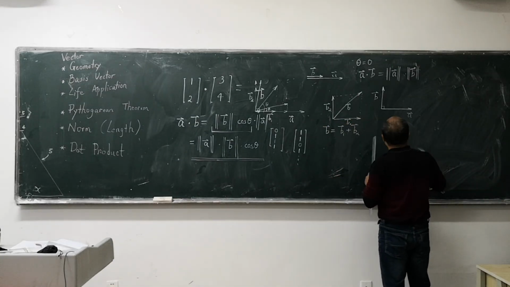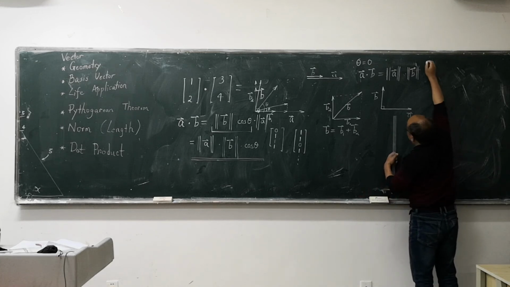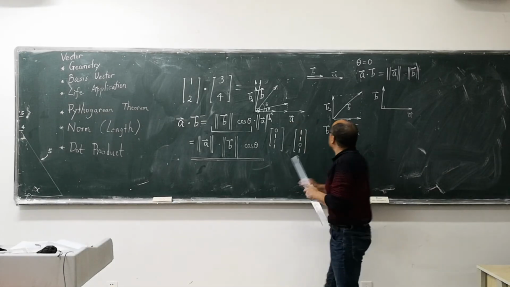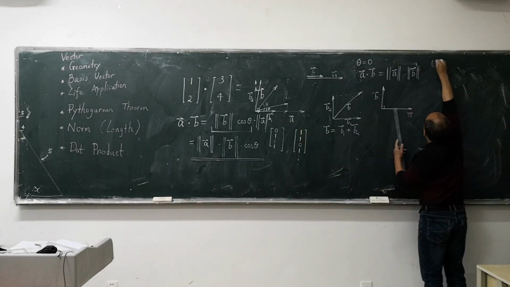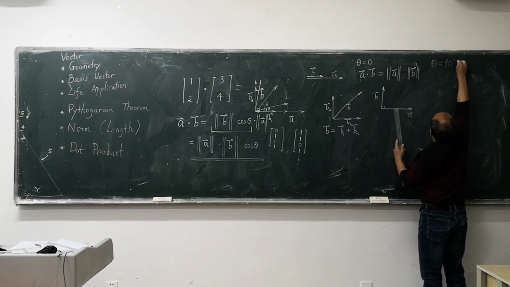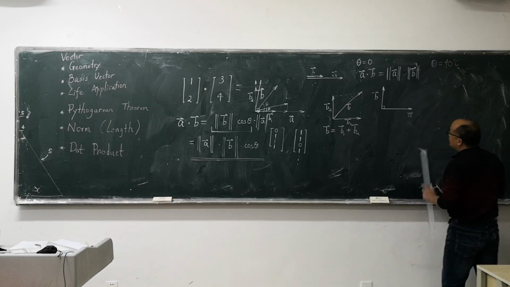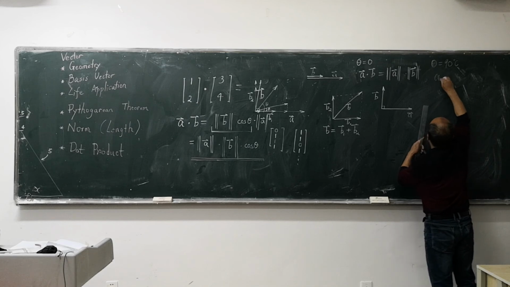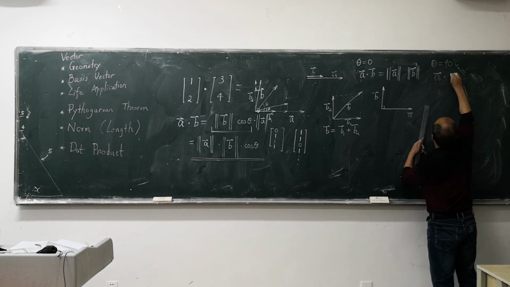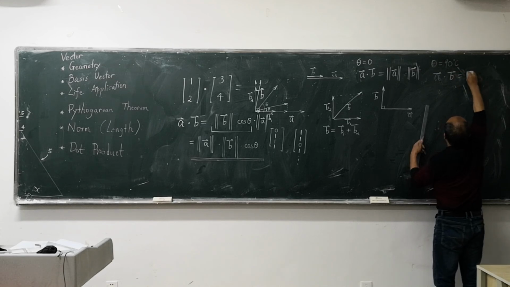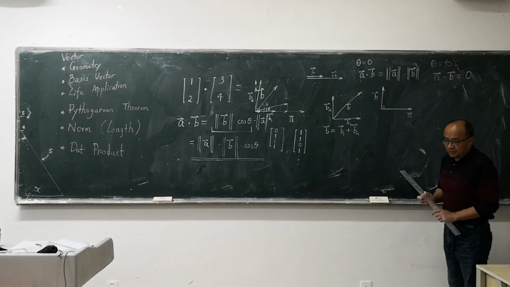So another very important case, because it is used a lot: when it is 90 degrees, the dot product is a number zero.